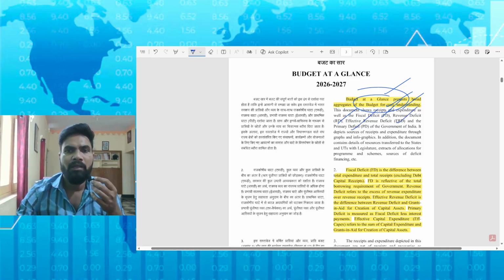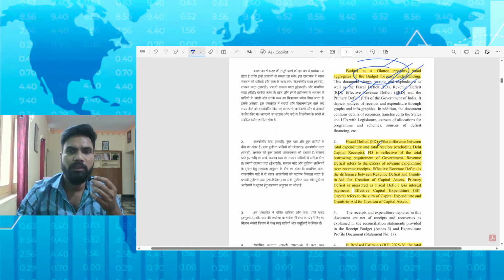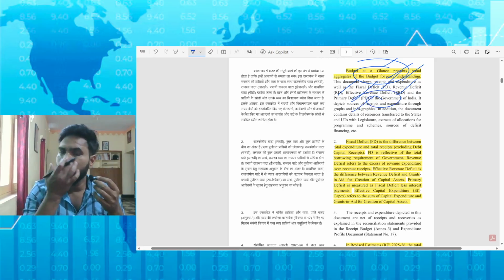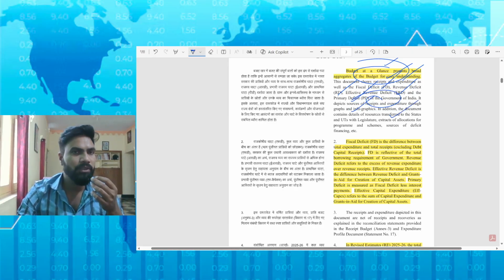It also shows the sources of receipts and expenditure through graphs and infographics. In addition, the document tells us the details of resources transferred to the state governments, duties with the legislature, and extracts of allocations for programs, and all these details are shared in this document.